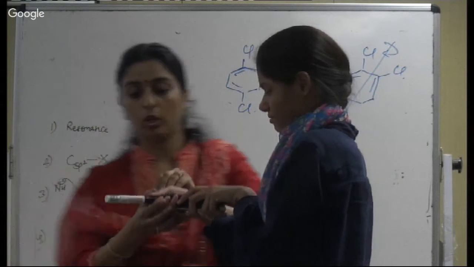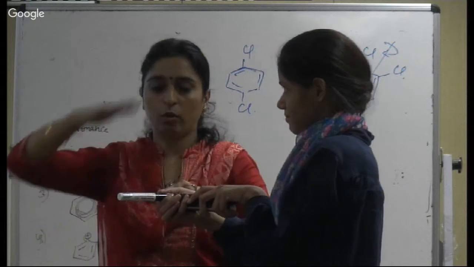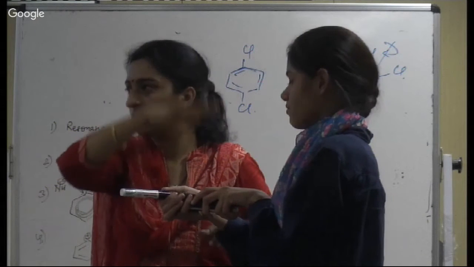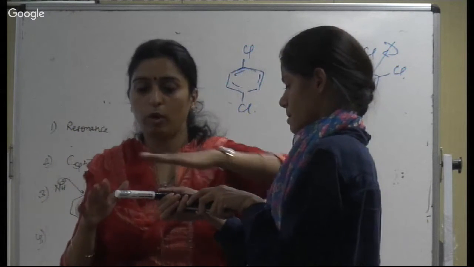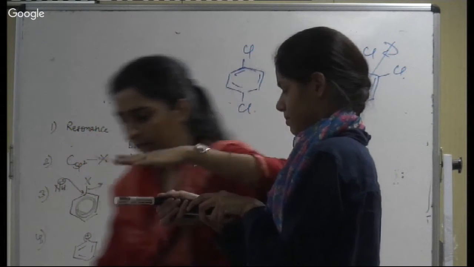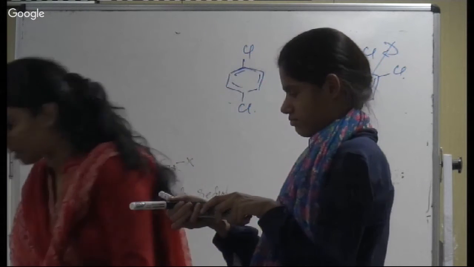Suppose another molecule will come. During the crystal formation, the second molecule will have to come and sit on this, so it is quite possible that it will sit in an identical manner, like this.